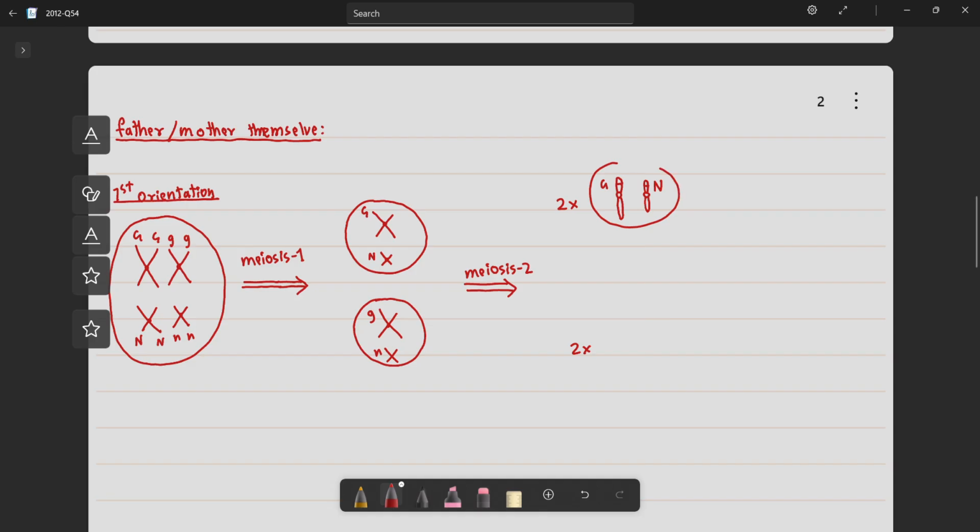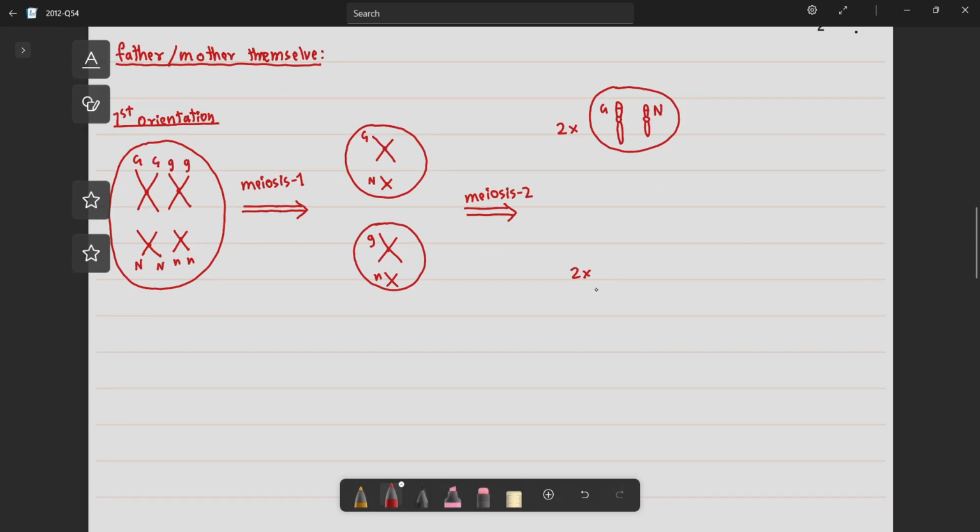So two of these gametes are produced. Now these are gametes, so this could be either a sperm or an egg: an egg in the female and a sperm in the male. The other gametes carry recessive alleles for the genes, so small g and small n.